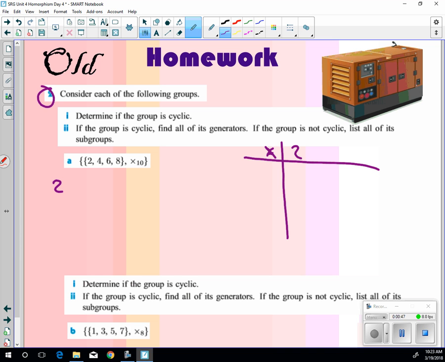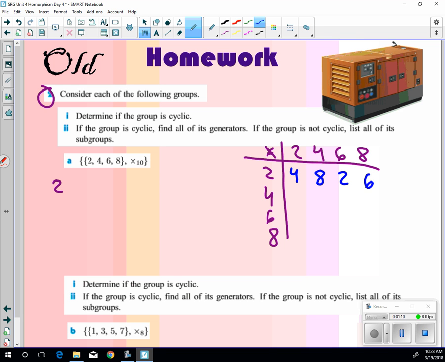2, 4, 6, 8. Mod 10, so this is going to be 2, whoops. This will be 4, 8, 2, 6.